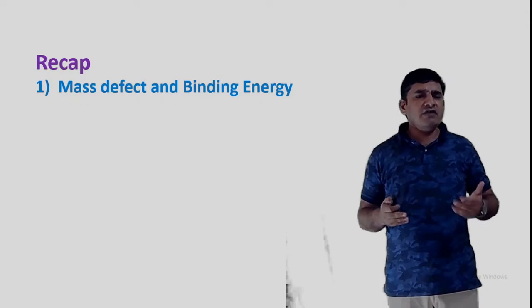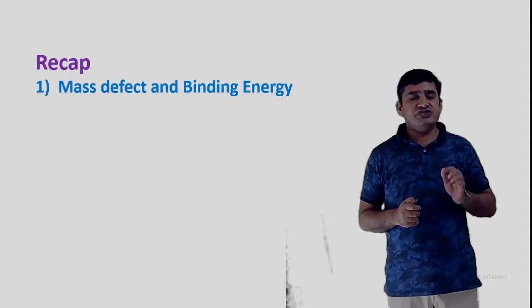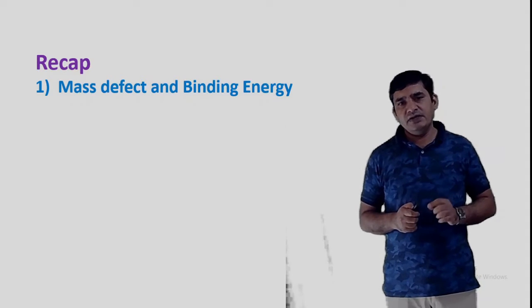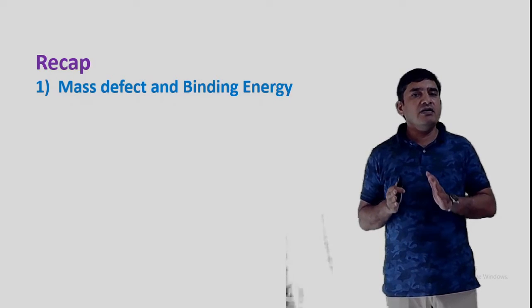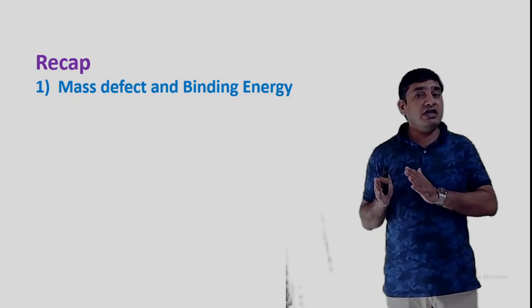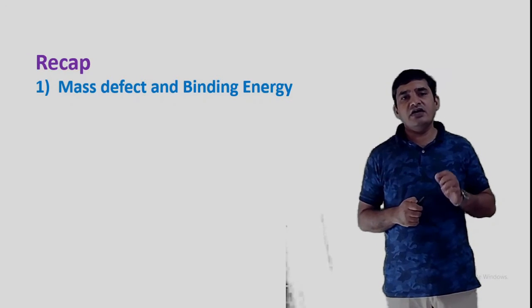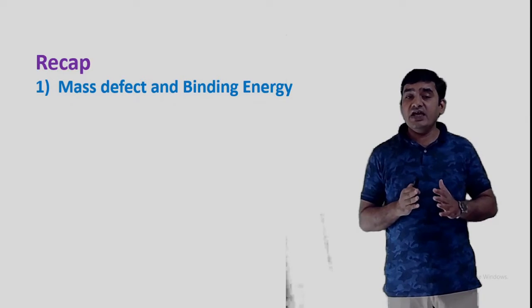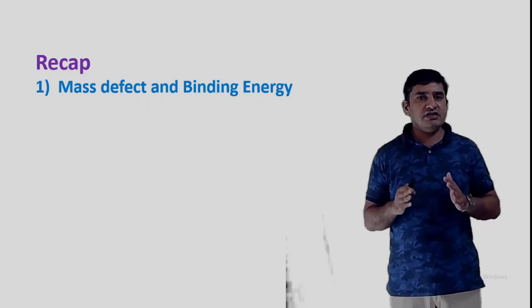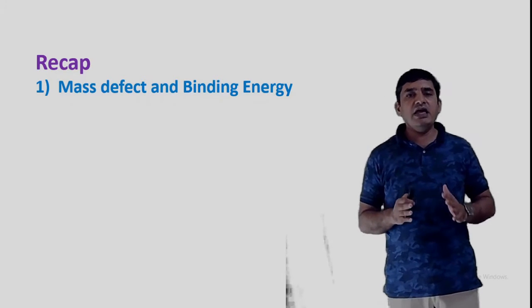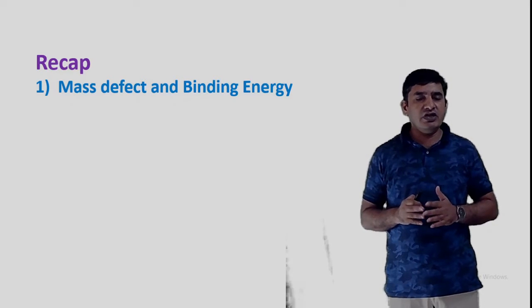The mass defect can be represented as ZMp plus (A minus Z)Mn minus A, or simply M, where Z is the atomic number, Mp is the mass of a proton, A minus Z represents the number of neutrons, and Mn is the mass of a neutron.